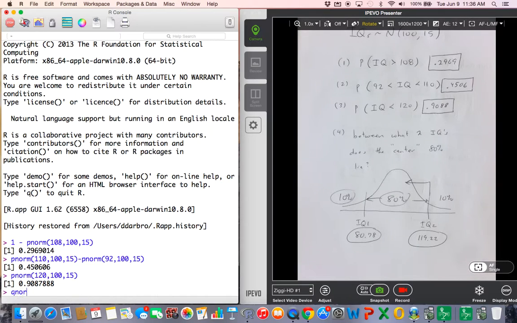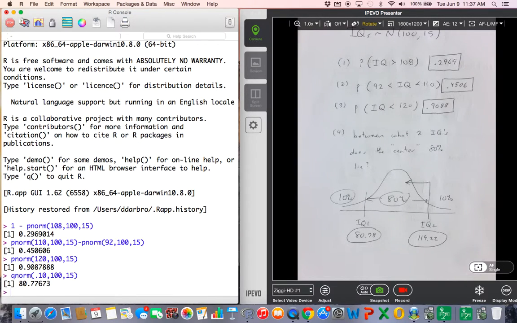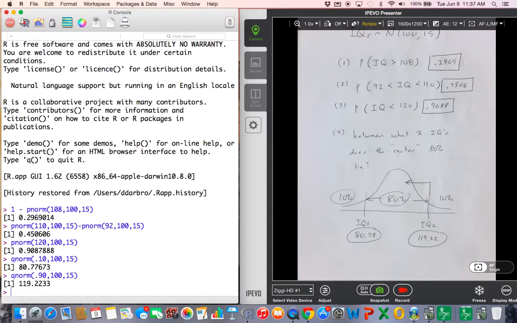Guys, this is again just like the graphing calculator. Q norm, just percent below. So we'll find the left bound at 80.78. And I'll show you a feature. If you hit your up arrow, it will go up and bring the previous command down. So all we need to do there is just change it to 0.90. And of course you're going to get your 119.22.